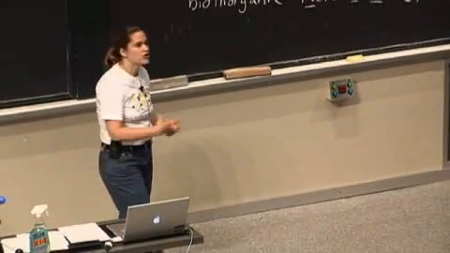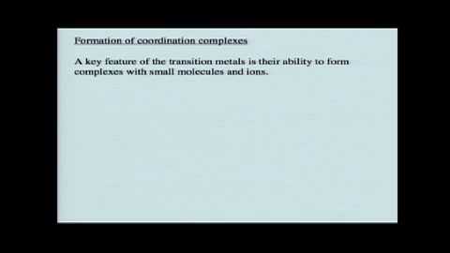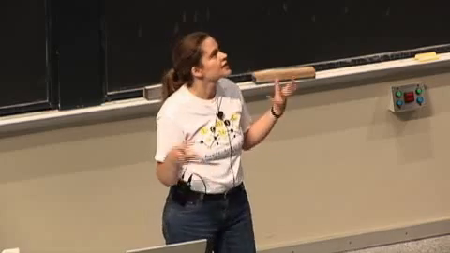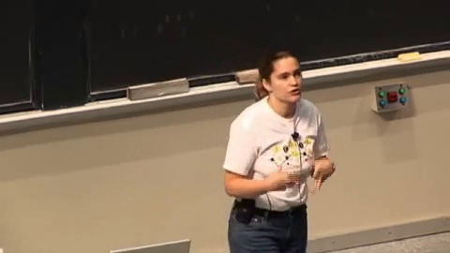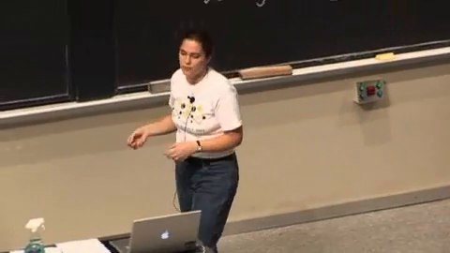So let me introduce you to some of the concepts and terminology involved in this. So we're going to have a metal, and the metal is going to be bound to stuff. One of the great features of transition metals is their ability to form complexes with small molecules or ions. This applies to a protein system in the case that instead of small molecules, you have amino acids of proteins.